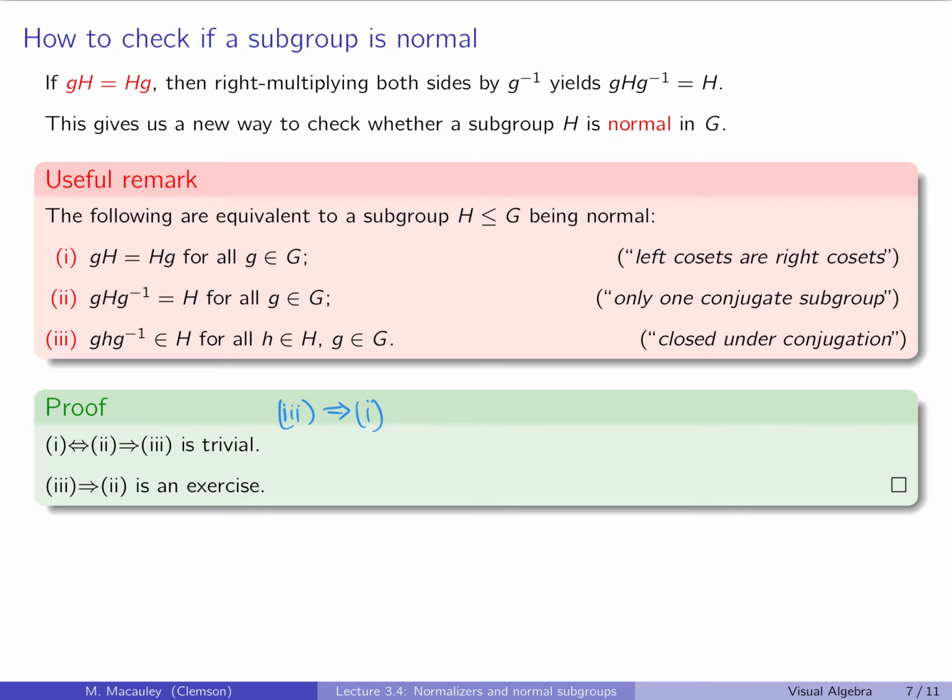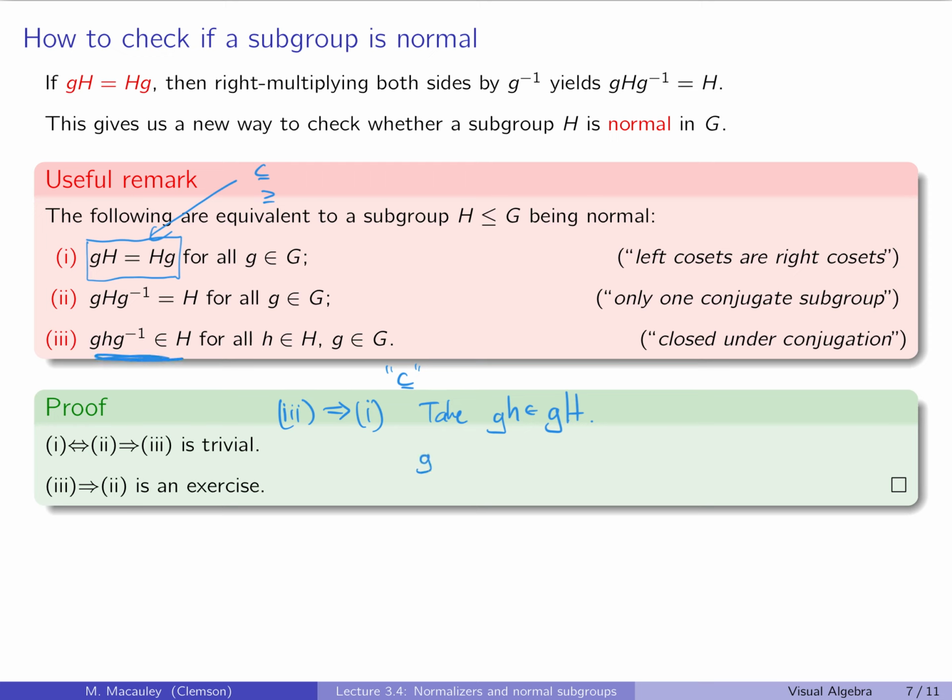So let's suppose 3 is true, and we want to show every left coset is a right coset. To show that, we need to show both containments. So let's take an element GH in the left coset GH, and we're going to use this condition.